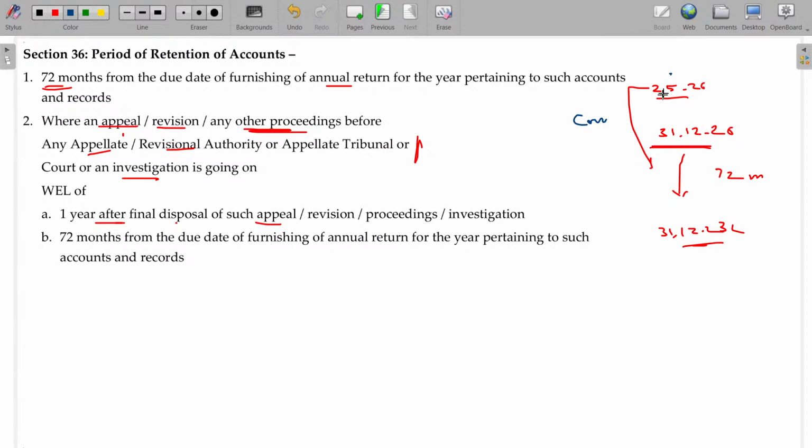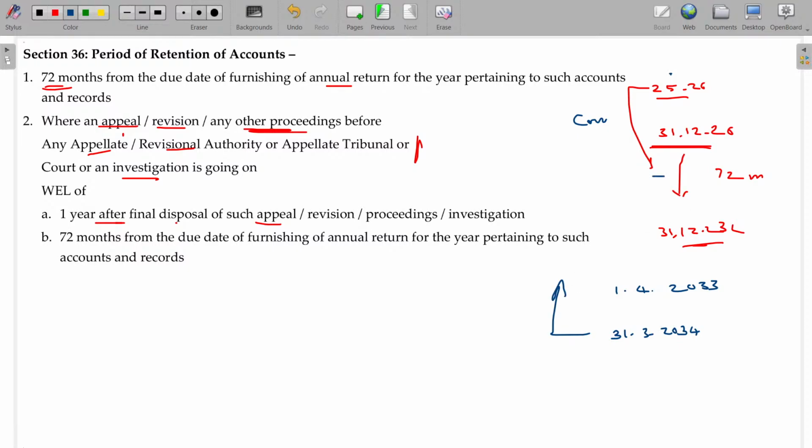When the court disposes of this case by giving the judgment on 1st April 2033, from that date, 1 more year will be added. So 1 more year means 31-3-2034. Until that period you can keep.